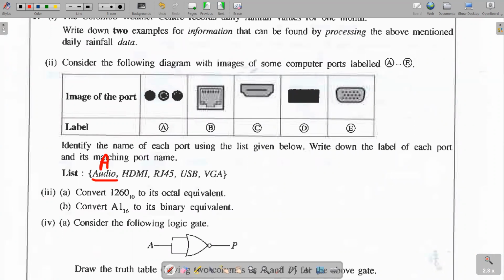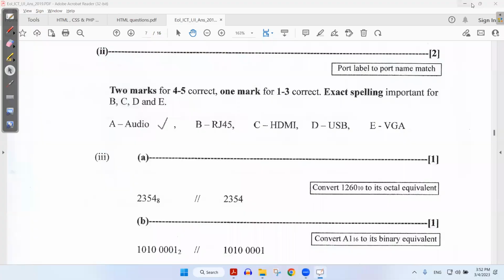HDMI is C. RJ45 is B. USB should be D. And VGA is E. So audio A, HDMI C, RJ45 B, USB D, and VGA E. If you got everything correct, 2 marks, or if 4 are correct, again 2 marks. If 1 to 3 are correct, only 1 mark.